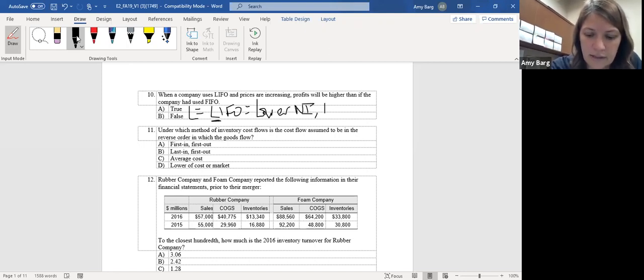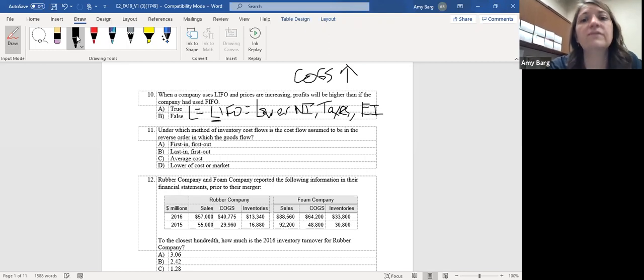It's lower taxes because our net income is lower. And it's also lower ending inventory. What's higher is our cost of goods sold. Cost of goods sold is higher, and that's what gives us the lower net income.